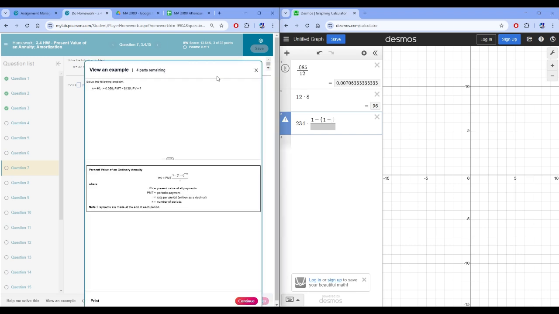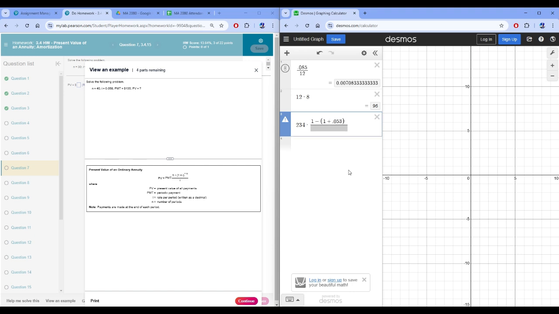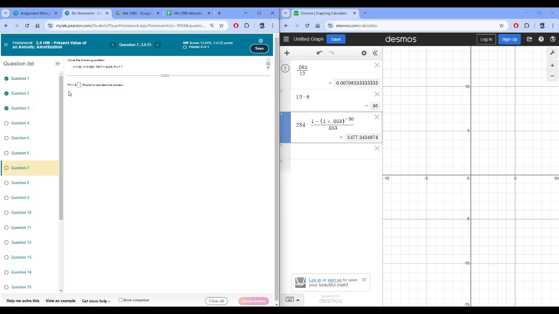I is 0.053, raised to the negative n. What's n? 30. I hit enter accidentally. 30, divided by I, which is 0.053. What's my principal value? Oh, my present value, 3477.34.